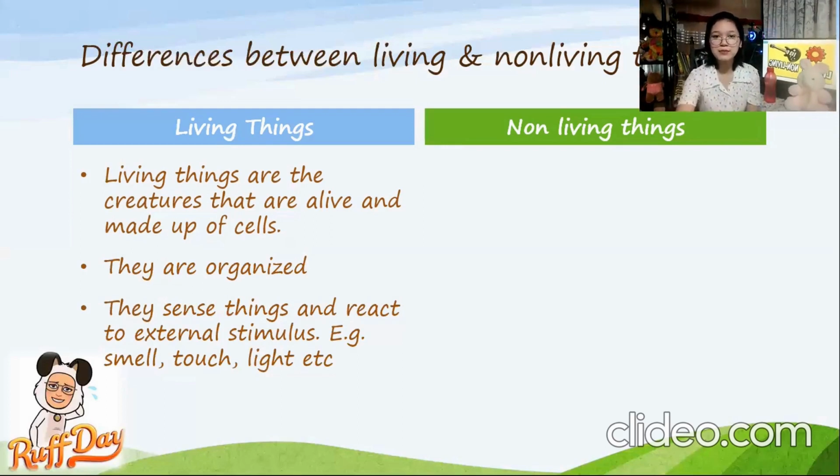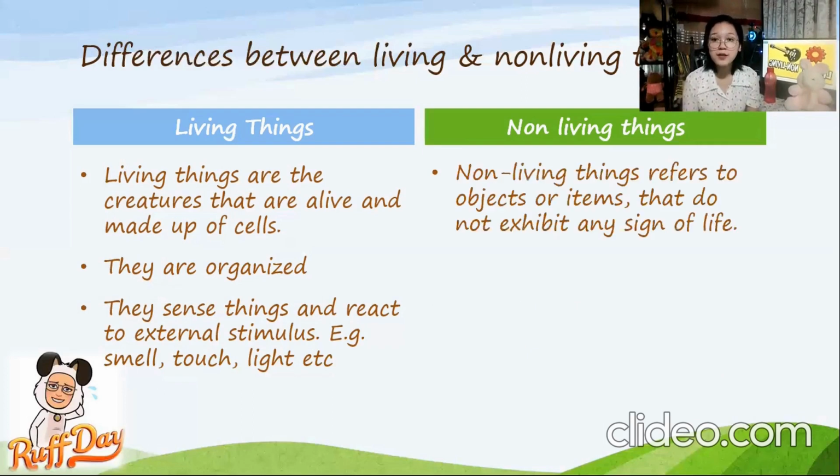Let's see. Non-living things refers to objects or items that do not exhibit any sign of life. For example, water bottle. It is an object. It is an item. And it doesn't have a sign of life.